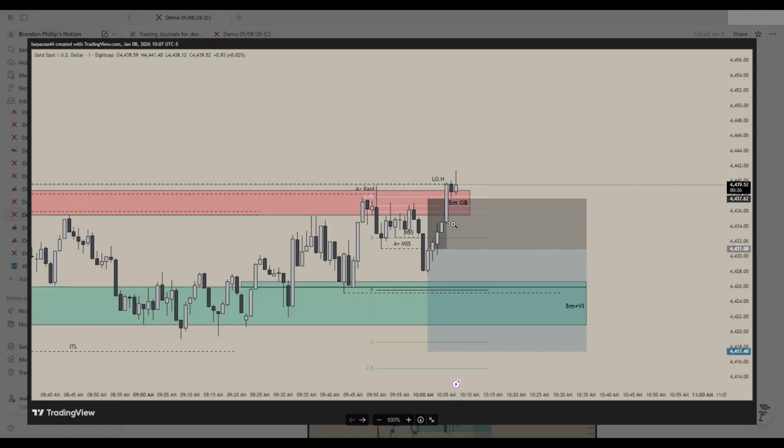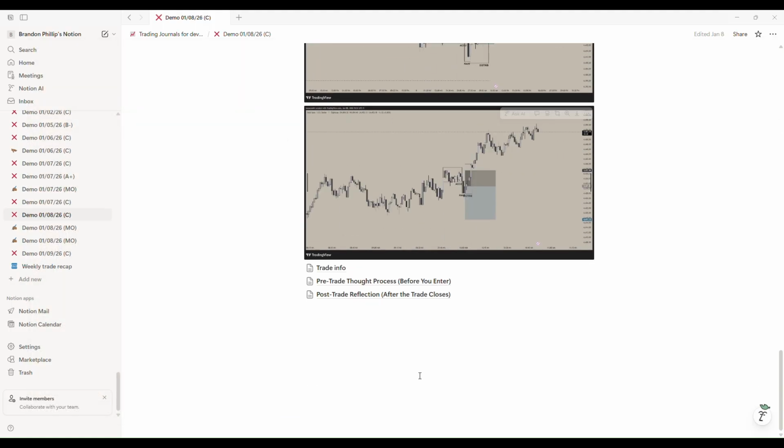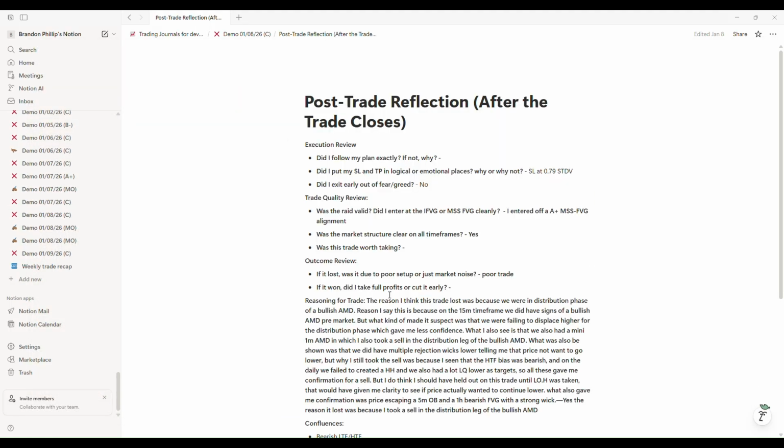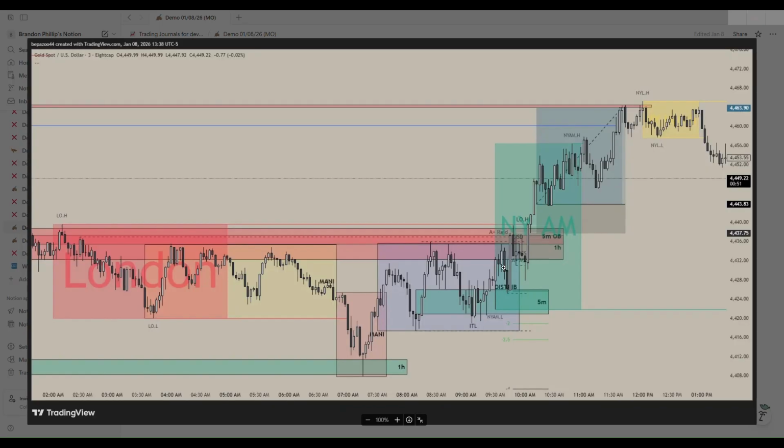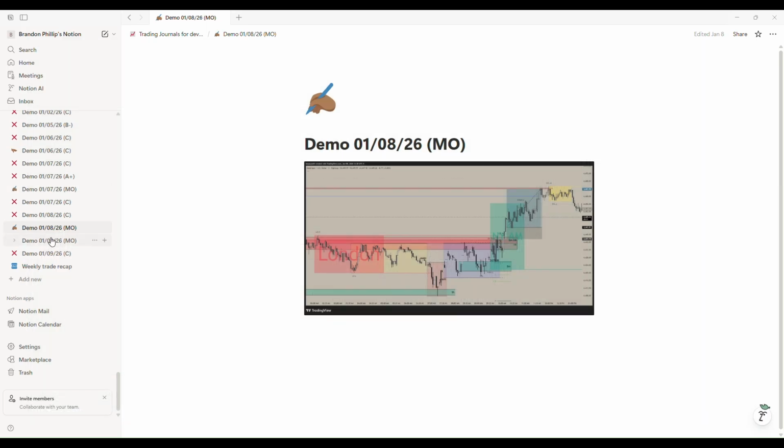We took a sell inside of, let me see. Yeah, I took a sell in a distribution leg of a bullish AMD. Okay, yeah. See what I'm saying? Market conditions, it's a very big thing. You need to know where you're trading.